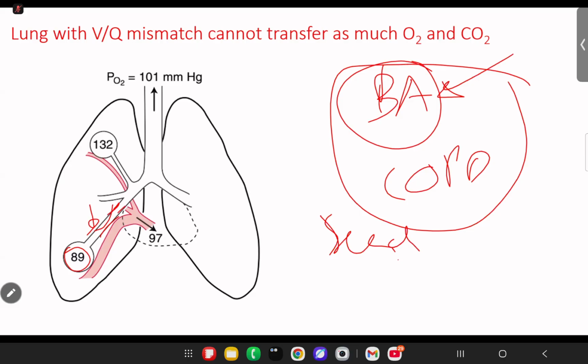If you see a collapsed part of the lung, it all depends on the underlying reason. Say you have right lower lobe collapse or left lung collapse because you have put the tube in the right main bronchus and the left lung is collapsed. How you treat that will differ from some other causes of shunt.